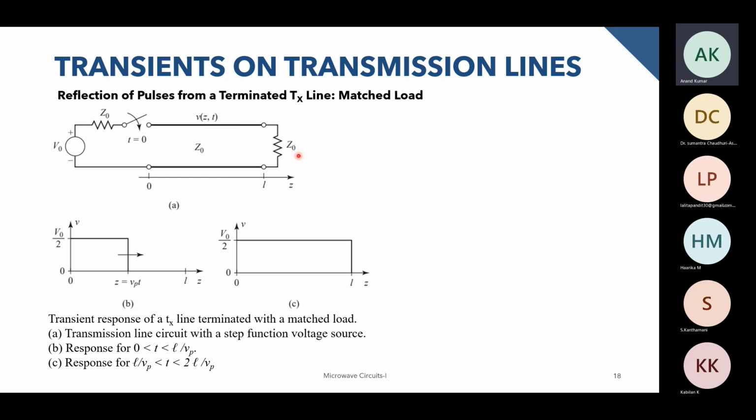So these are matched, and looking at this point, Z input will again turn out to be Z0. The voltage source will see these two in series, both equal to Z0. This acts like a power divider, so the voltage is divided across the source resistor and the transmission line. We'll have V0 by 2 across this resistor, and V0 by 2 traveling through the transmission line.